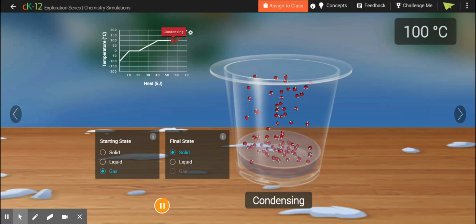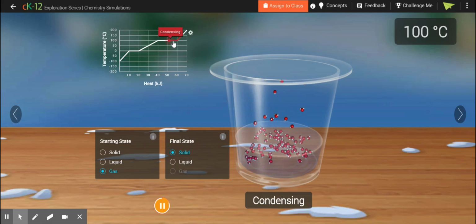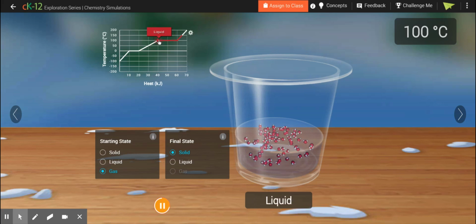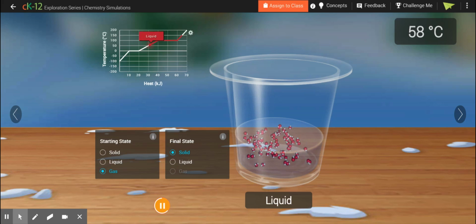It's the same as its condensing point. And so it's going to condense until it's all liquid. And once it's all liquid, then it can start to cool below that boiling or condensing point down to 0 degrees C. Now, the whole time here, heat energy is leaving the system.